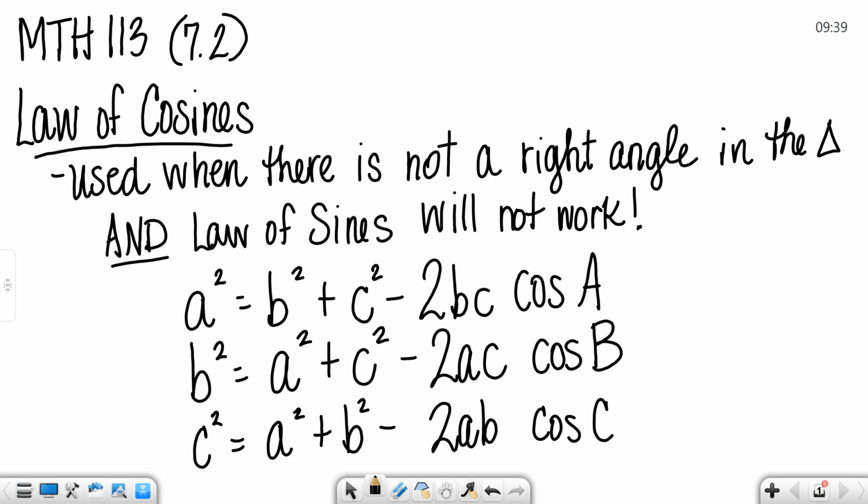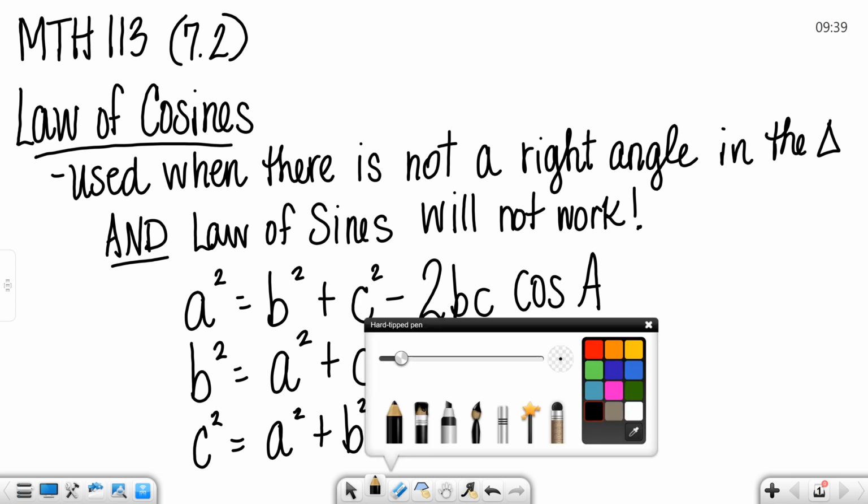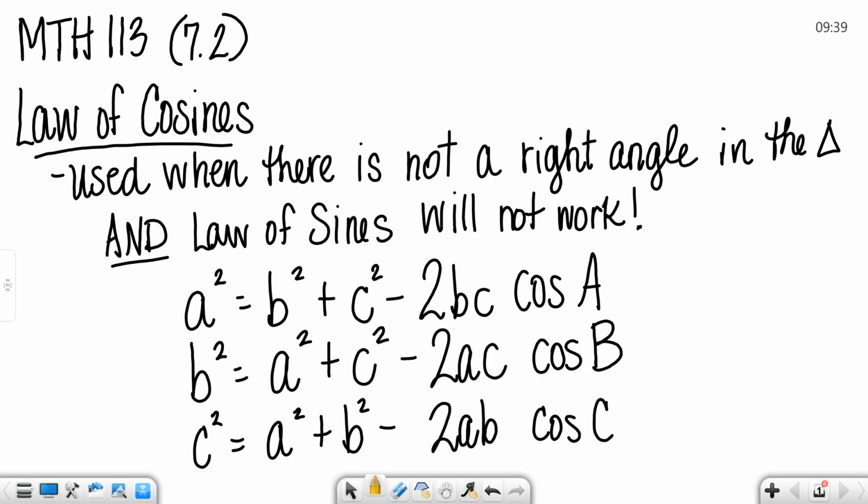Notice in our formulas, if I am using cosine of angle A, then the side opposite it is the one that is out front of this equation. And then the other sides B and C are the ones in the middle of the formula. So that works for all of them. If I'm using angle B here, then the side opposite it is out front, and the same thing for C.